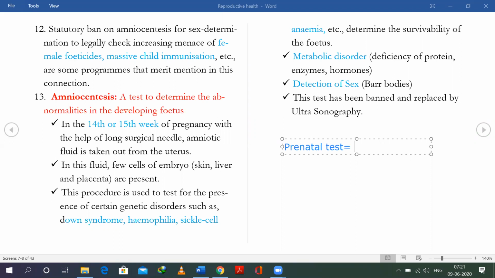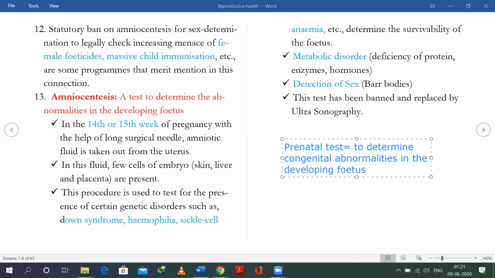It is conducted to determine congenital abnormalities in the developing fetus. Yes, as easy as that. We are trying to understand the congenital, that means the birth abnormalities, in the developing fetus.